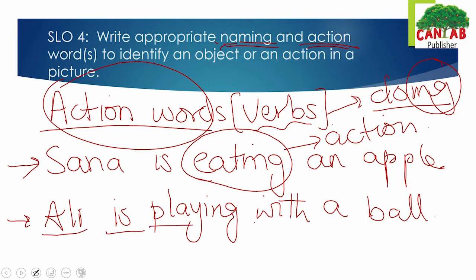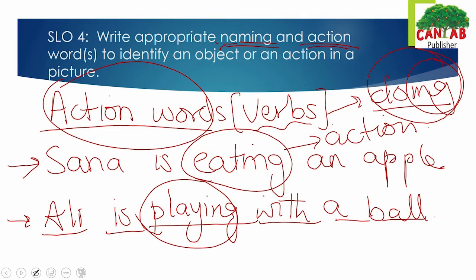Ali is playing with a ball. If you try to go back to what I just explained, that verbs are doing words. There is usually an ing at the end of the verb. The action, the activity, the movement, or the thing which is keeping the person or the object busy. Ali is playing with the ball.